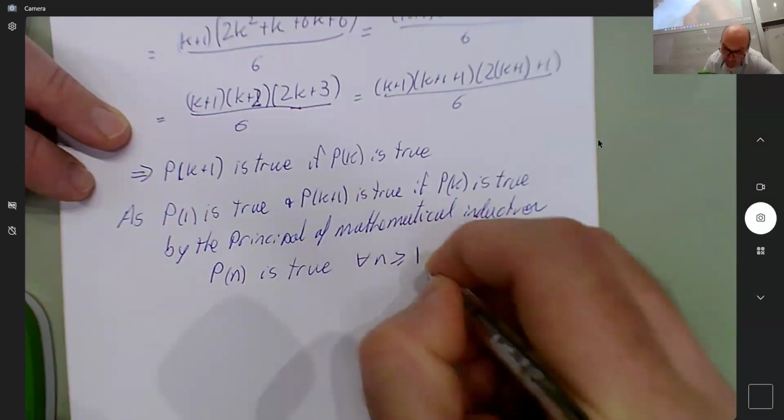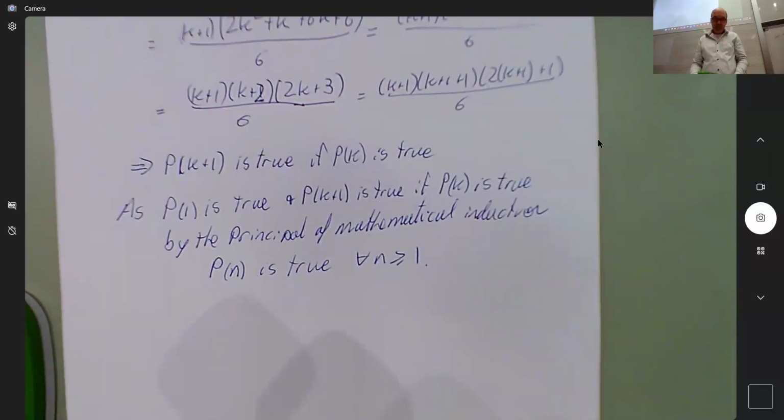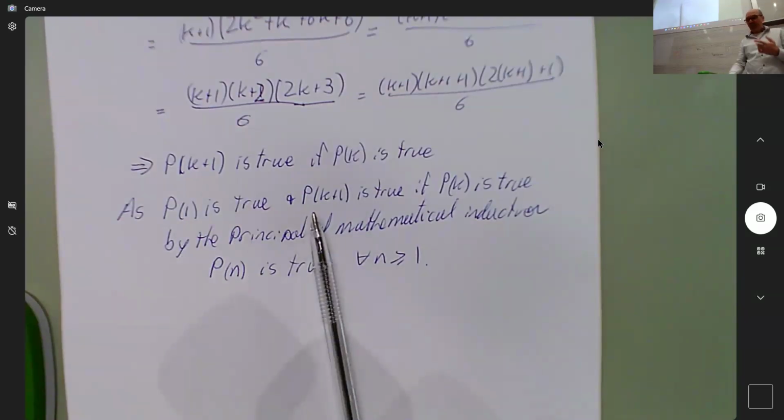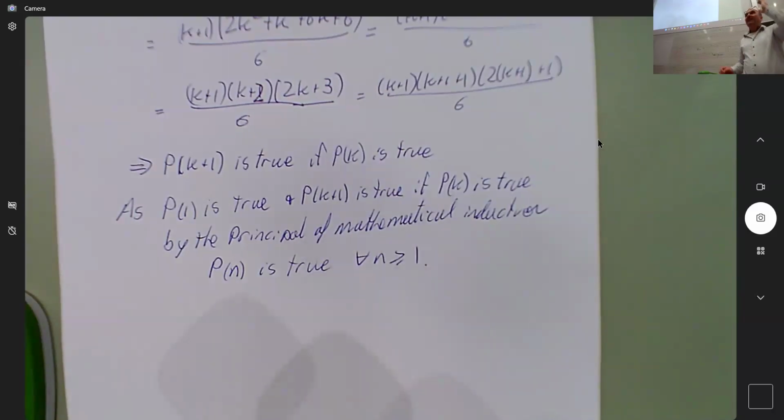Sweet. So strictly speaking, we should write that out in full because we're saying, I've shown the base case, I've shown the inductive hypothesis, I've shown the inductive step, and that means I can now apply the principle of mathematical induction to say this is true for all n, all right?